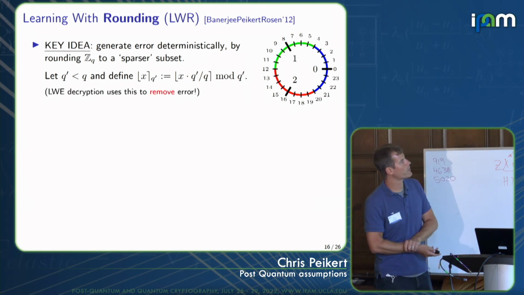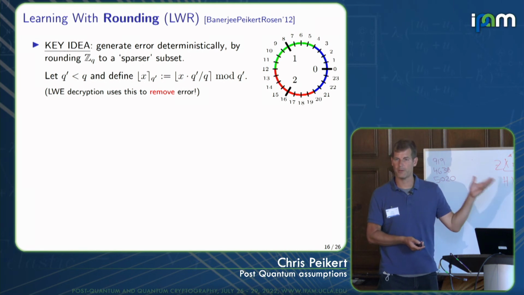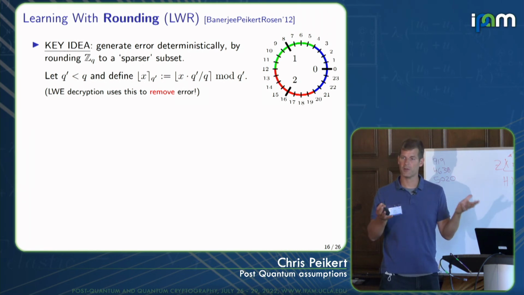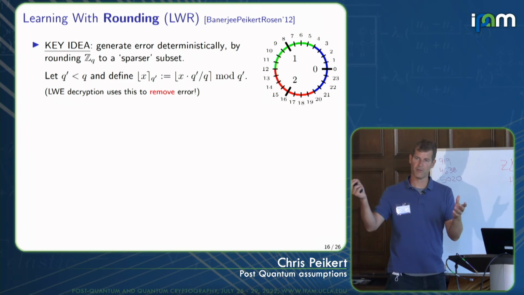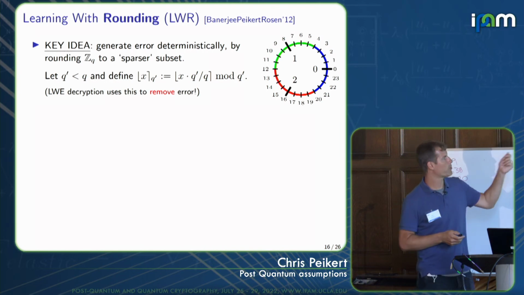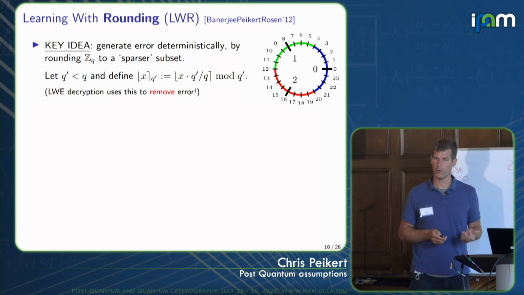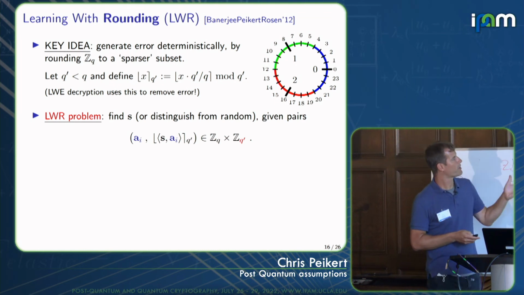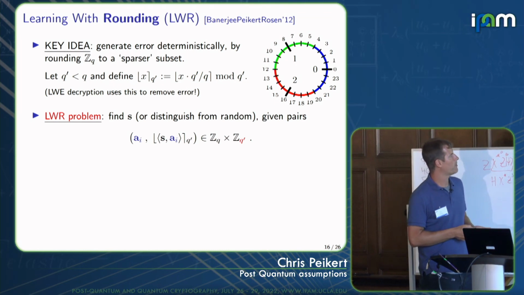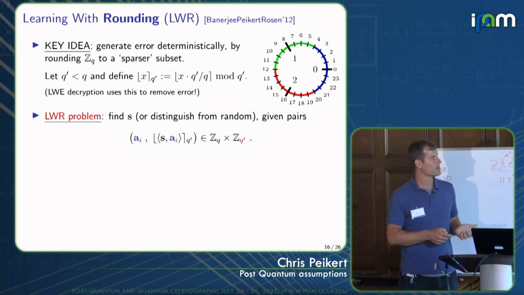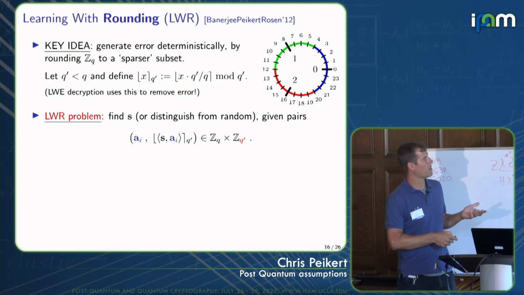Okay, so interestingly, in the LWE decryption, the encryption scheme that we just saw, in order to decrypt, you actually do this kind of rounding. You subtract off the key, and you say, is the result closer to 0 or to q over 2? Here, we're using rounding to introduce error rather than to remove it at the end. So we can formalize this as a computational problem, the LWR problem, which is, as before, we have some secret, and then we're given these samples, a_i, and the inner product of s with a_i.